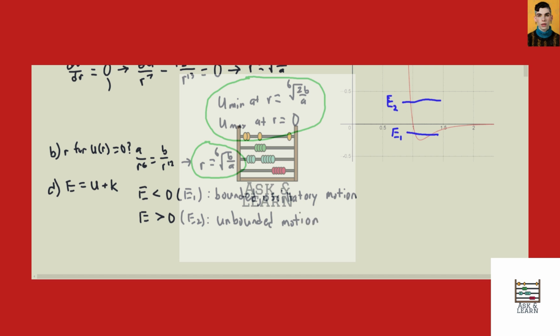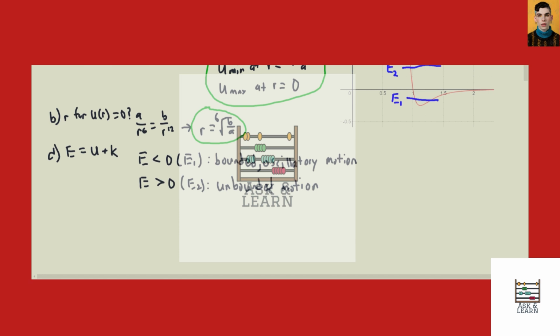Okay, part E asks us for what values of R are we going to get an F greater than 0, F equal to 0, and F less than 0.